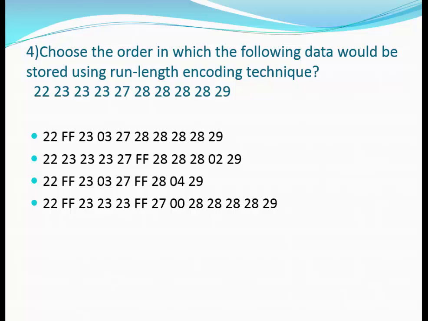Then 27 occurs only one time, so it will be stored as it is. Once again we find repetition with 28, that is 28, 28, 28, 28. 28 is repeated 4 times, so it will be stored in the format 2804, and now 29 will be stored as it is. So the final answer is C.